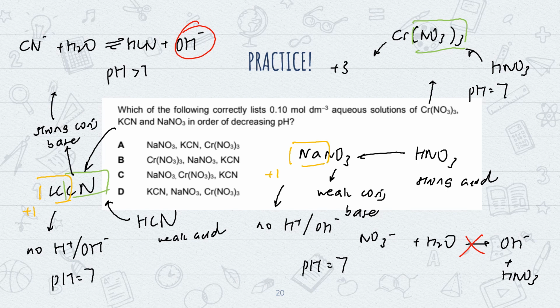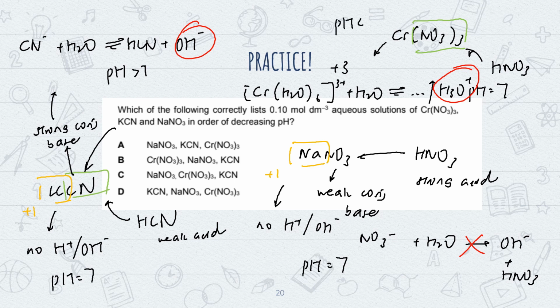As a cation with high charge density, it can perform the same reaction when dissolved in water: form a complex ion, and the complex ion can react with a water molecule to eventually form H3O plus. So overall, this salt has a pH of less than 7 and is acidic when dissolved in water.